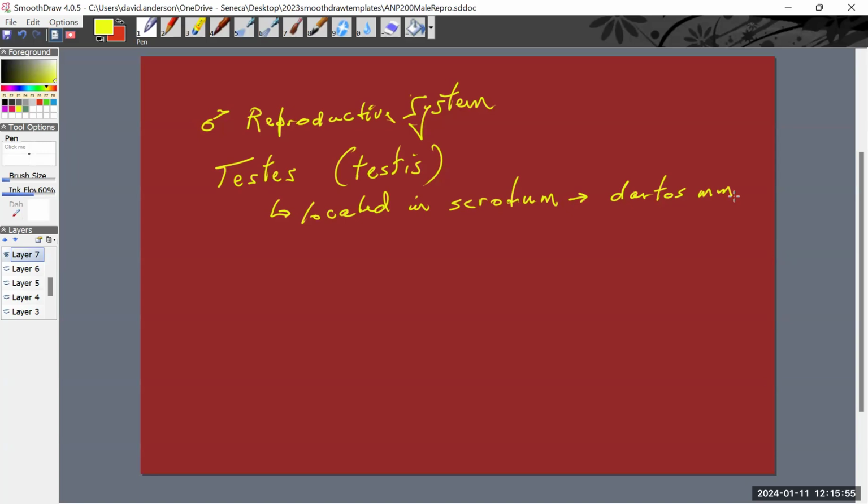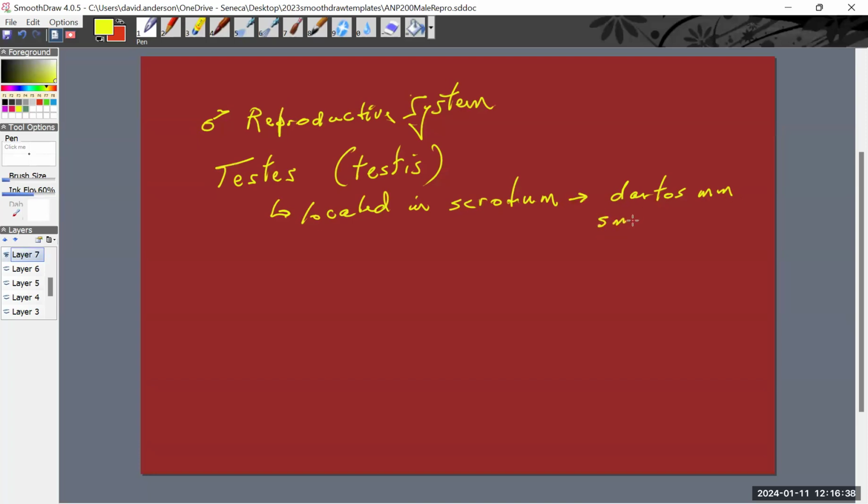What we're going to find out a little bit later is that the process of spermatogenesis needs to be a little bit cooler, maybe 3 to 4 or 5 degrees cooler than body temperature. So the scrotum is located outside of the core of the body for this purpose. The dartos muscle can regulate temperature by relaxing to allow temperature loss or contracting to better retain temperature. There's another muscle that we'll talk about a little bit later when we talk more about the duct system.